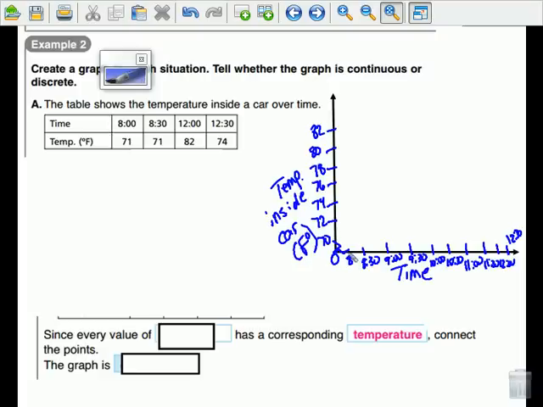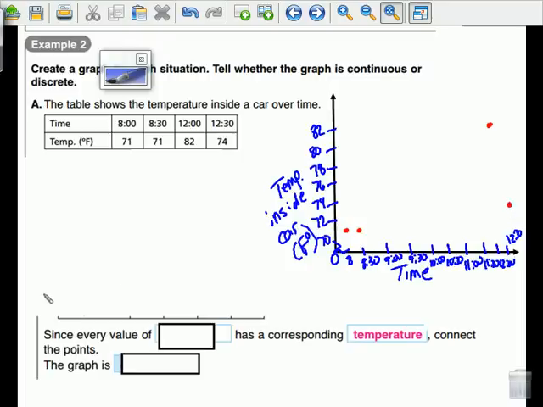So at 8 o'clock the temperature in the car was about 71 degrees. At 8:30 it was still about 71 degrees. At noon it was 82 degrees, so here we are clear over at noon, 82 degrees. And at 12:30 it dropped back down to 74 degrees.